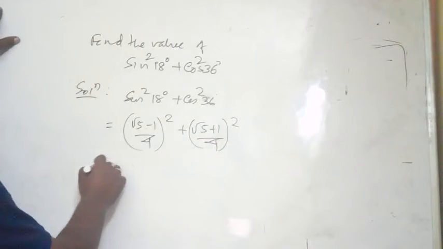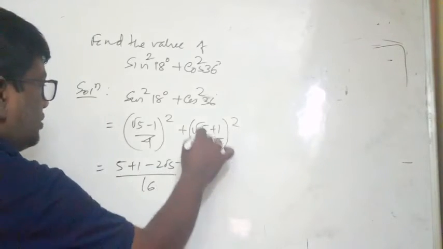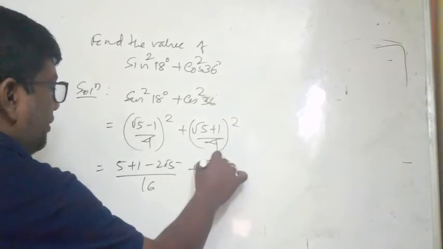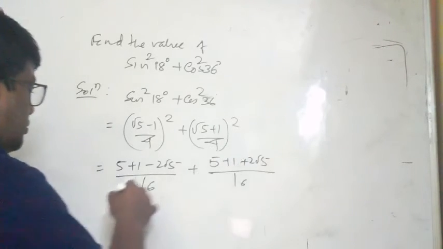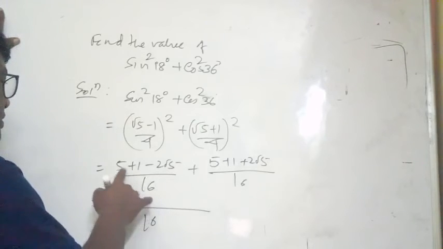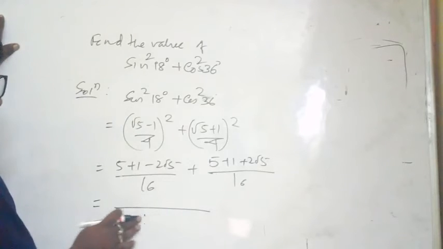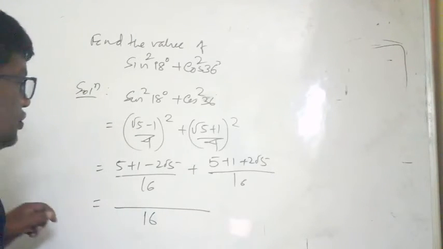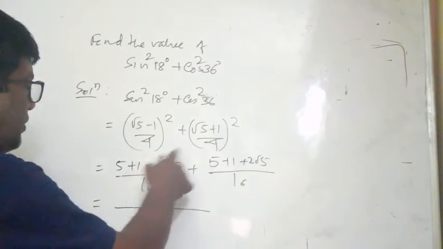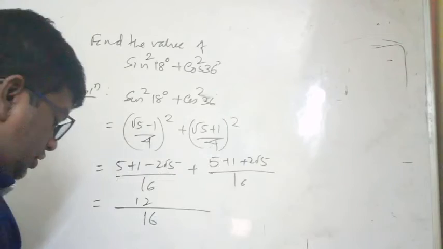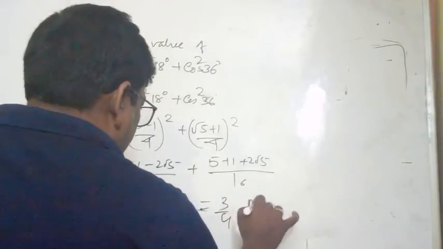Okay, this is 5 plus 1 minus 2 root 5 divided by 16, and this is 5 plus 1 plus 2 root 5 by 16. So LCM 16, 6 plus 6 is 12, and plus minus cancel, 12 by 16. So 12 by 16 means 3 by 4 is your answer.